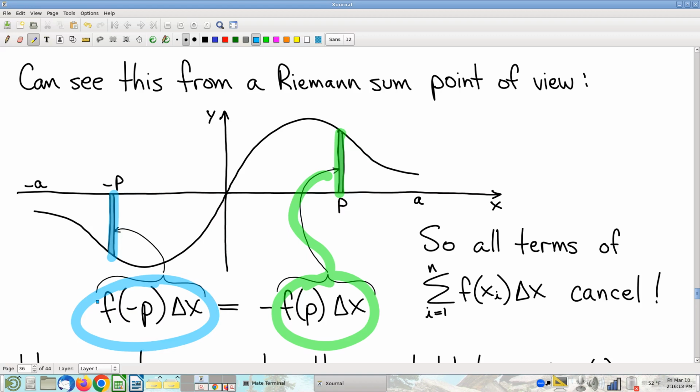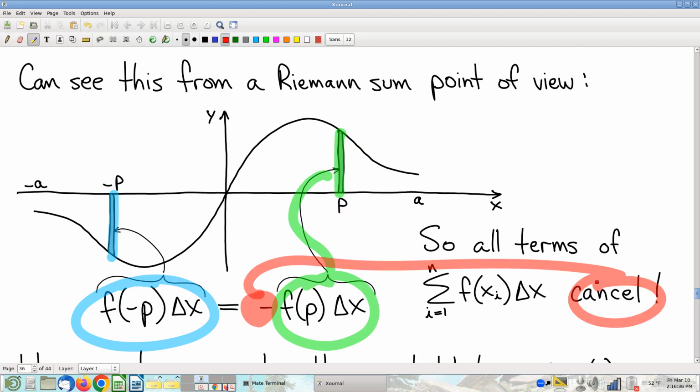And keeping in mind that this function, by assumption, is an odd function, this y value and this y value, the values of the function, are negatives of each other. This is an odd function. And so at opposite values, these values are negative. So these terms in the summation are opposites. And so they cancel in the summation.